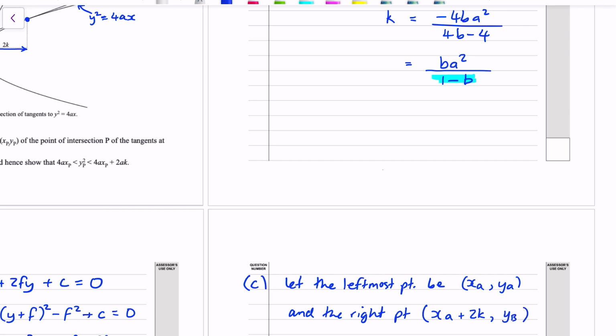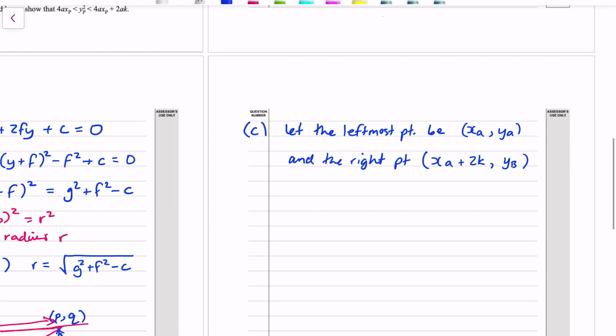but because those points are on the parabola, the x and the y values are related by the parabolic equation. So we know y squared equals 4ax. So to find the y value of a, we just substitute xa into that formula and square root. So ya is equal to the square root of 4a xa.